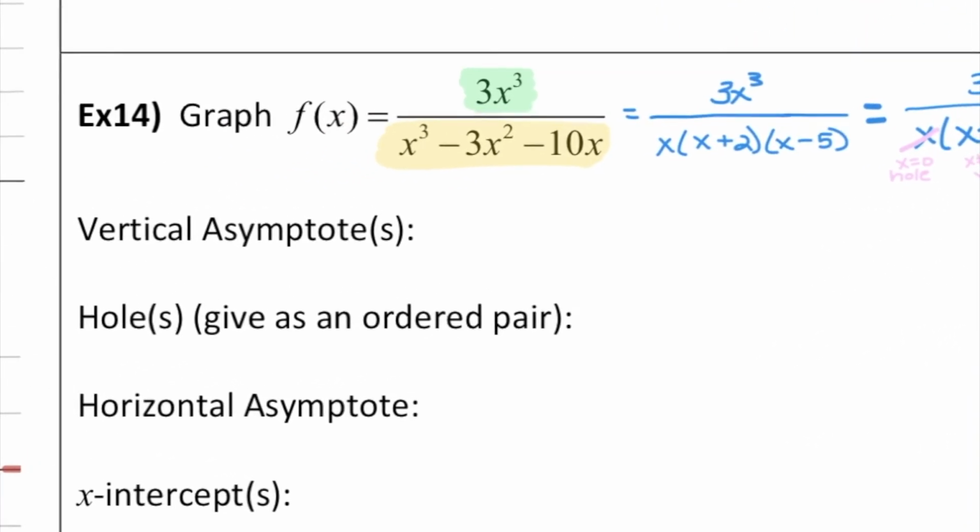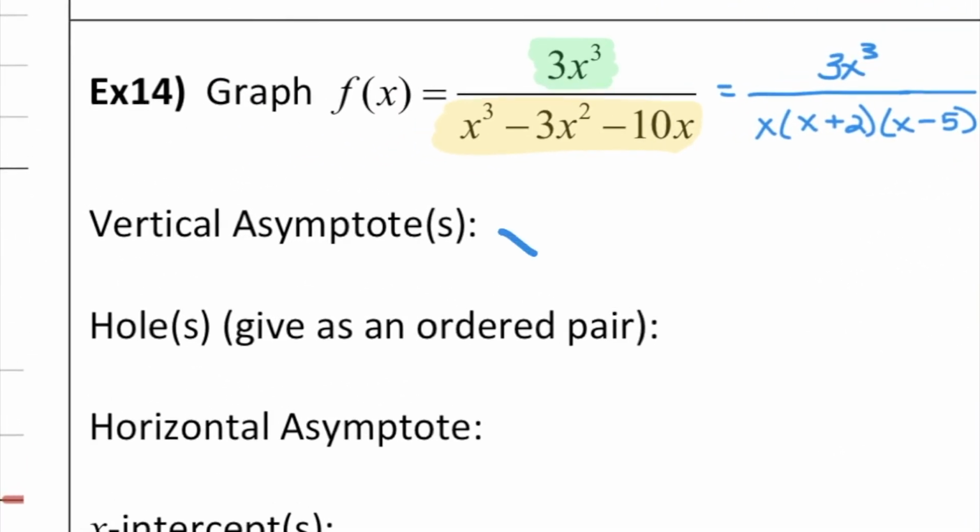And then we said that the vertical asymptotes were x equals -2 and x equals +5. We said that the x value of the hole is 0, but we need to compute the y value of the hole.